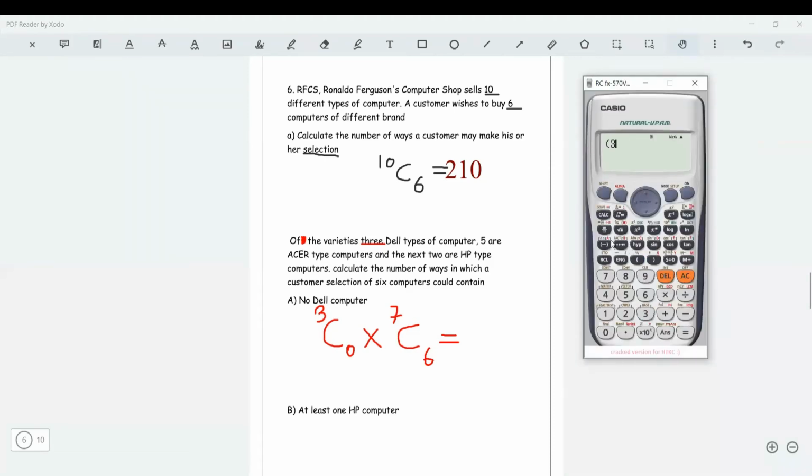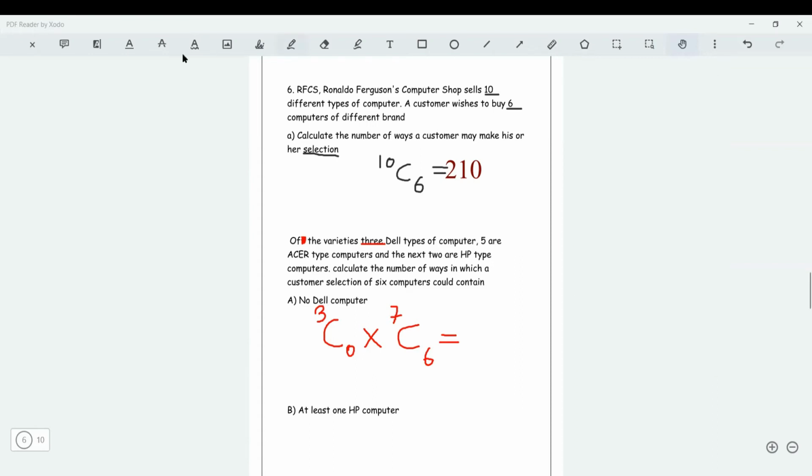So it's just going to be 3 choose 0 times 7 choose 6. And we work that out, we get 7. So there are 7 ways of choosing no Dell. Nice.